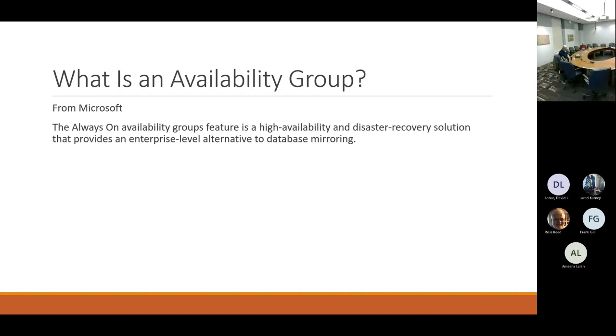Something else to point out is that because this is at a user database level, system databases like master and model do not participate in availability groups, at least as far as what I'm talking about here.